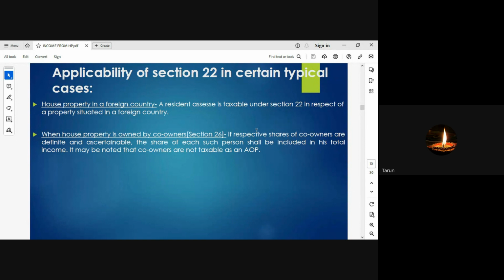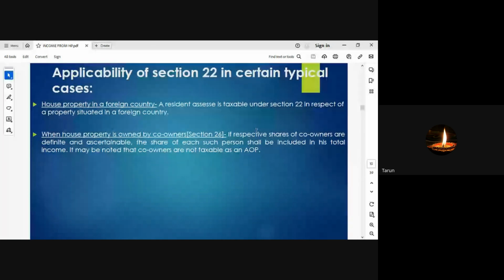It means that any resident who is an Indian citizen and whose property is in a foreign country, and he lets it out for residential or commercial purposes, the income earned from the property let out in the foreign country is equally taxable. It is taxable under section 22.